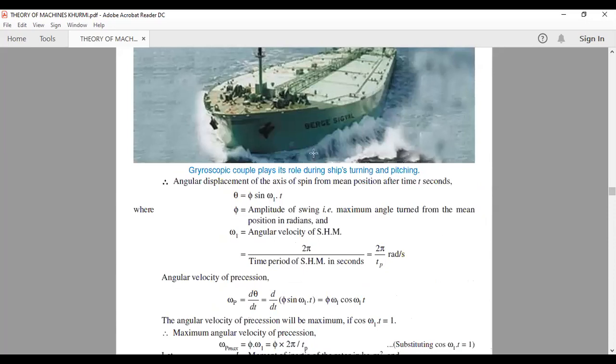So when we have to derive the angular displacement, that is theta, this is the formula, that is theta is equal to phi into sin omega 1 t. Omega 1 is the angular velocity of simple harmonic motion and phi is the amplitude of swing.